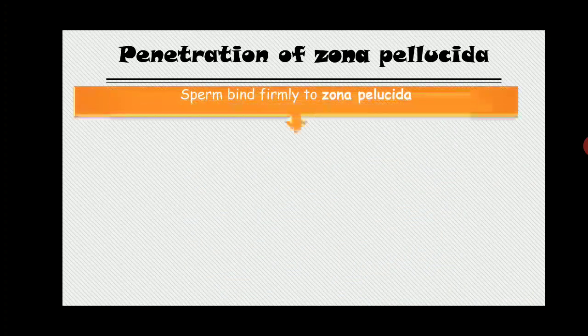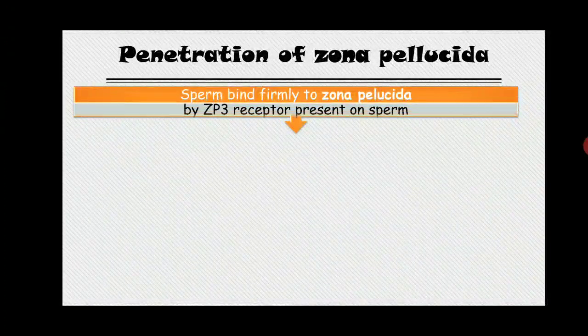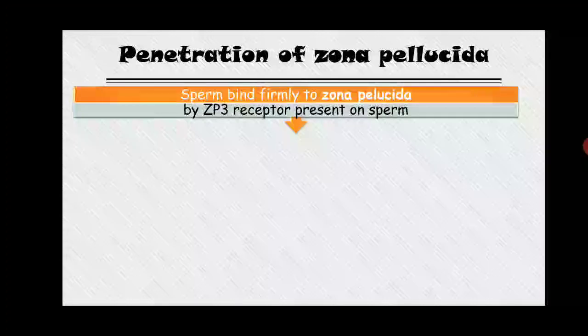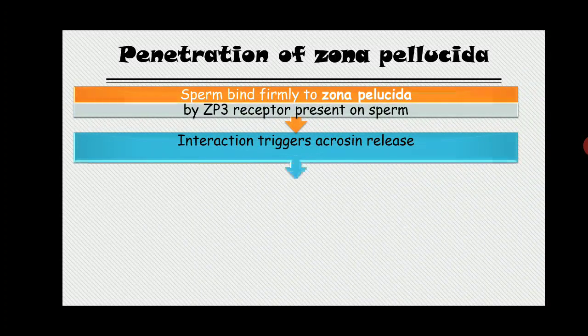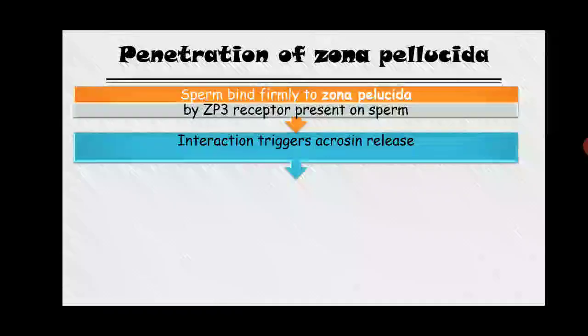Sperm bind firmly to the zona pellucida by the ZP3 receptor that is present over the sperm, and the ZP3 protein is actually present over the zona pellucida. Now once the sperm binds with the ZP3, it triggers the release of the acrosin.